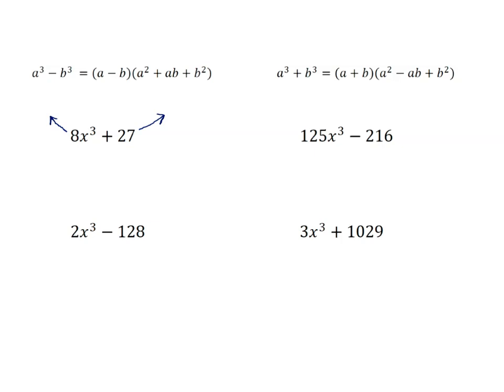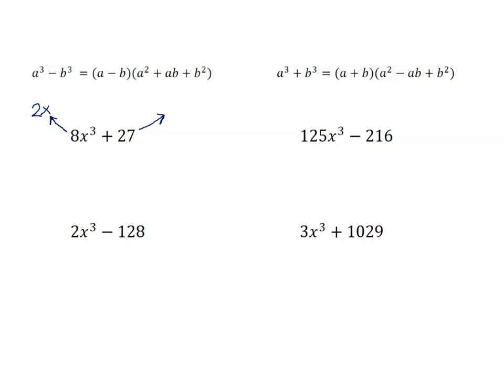So in order to get 8, that would have to be 2 times 2 times 2. So 2 times 2 times 2 is 8. So the cube root here is 2. The cube root of x to the third is x.